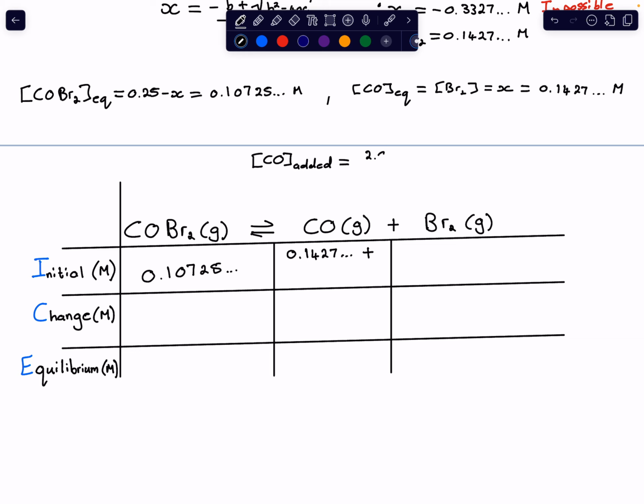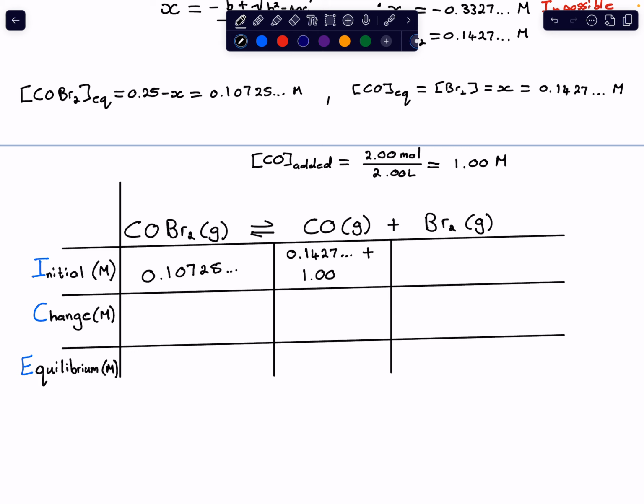It's equal to the 2.00 mole divided by 2.00 liter. And that should give you a value of 1.00 molar. So that means the initial amount of carbon monoxide then is its value at equilibrium plus a value of 1. All right. So that's what it gets.